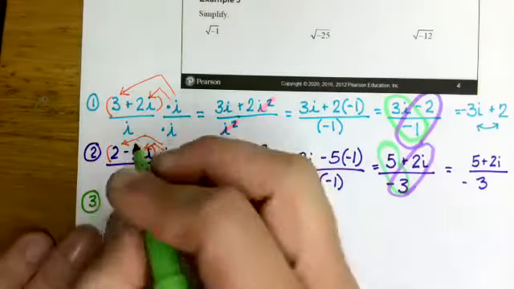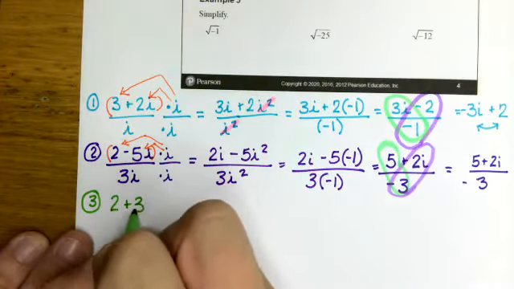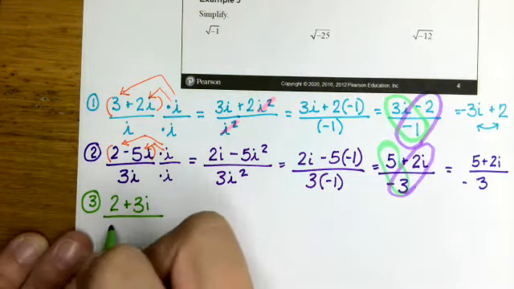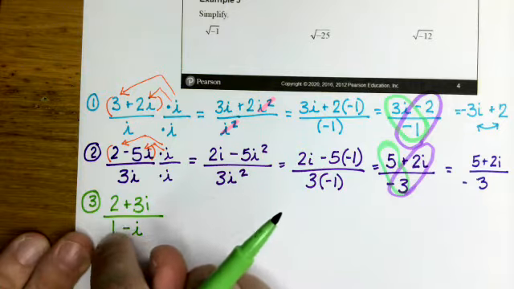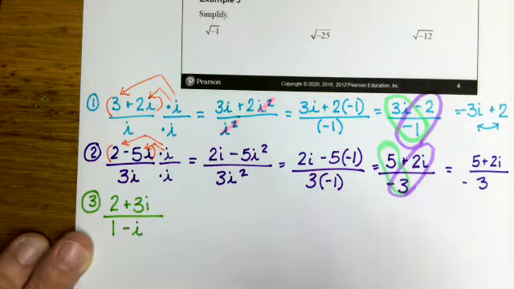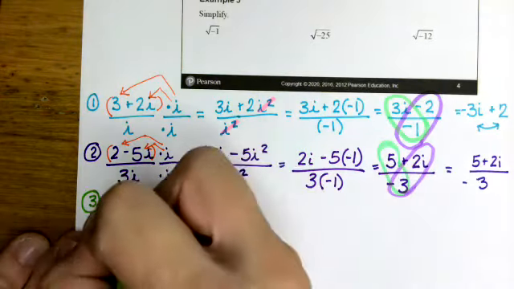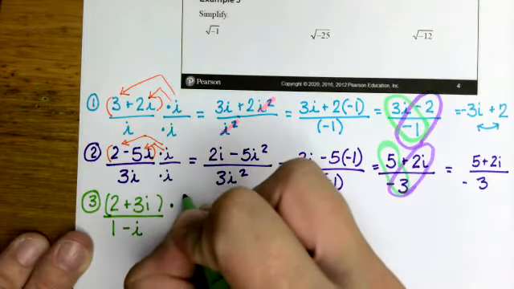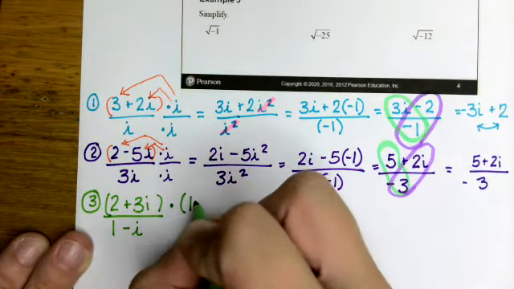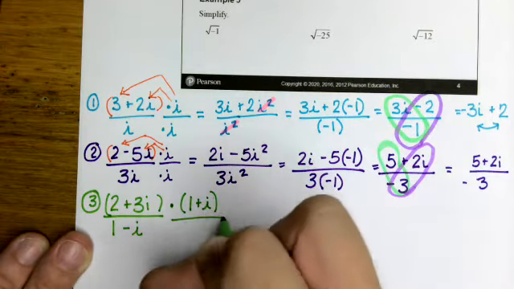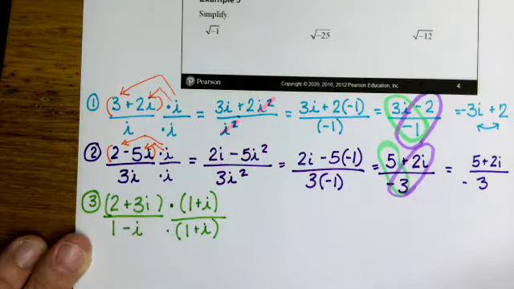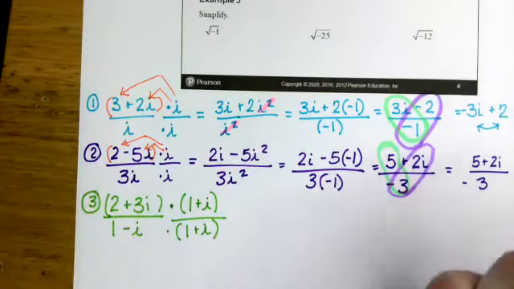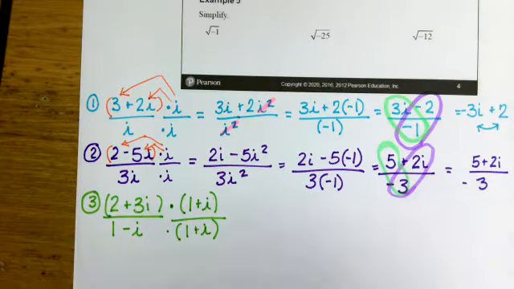I'm going to move it down here. 2 plus 3i over 1 minus I. I can't multiply it only by I because of that minus sign. It's a complex number. So I'm going to say all of this multiplied by 1 plus I, the complex conjugate. Now we're just doing a lot of foiling.